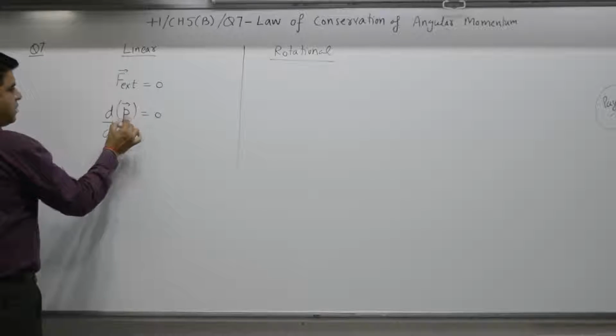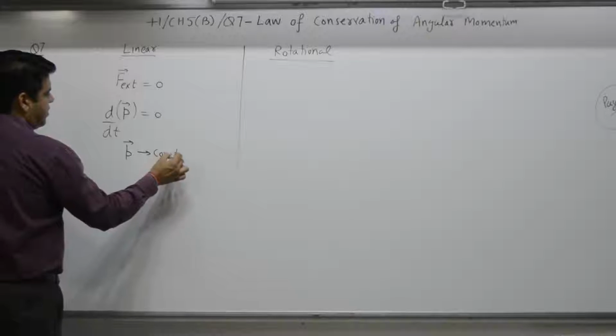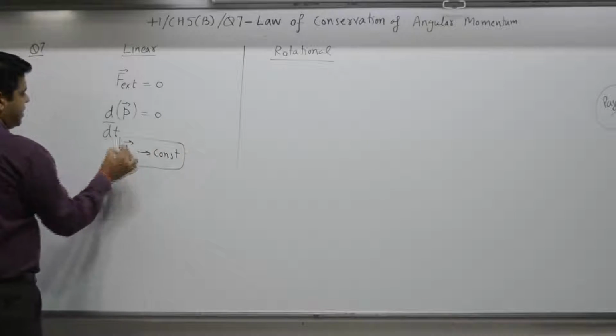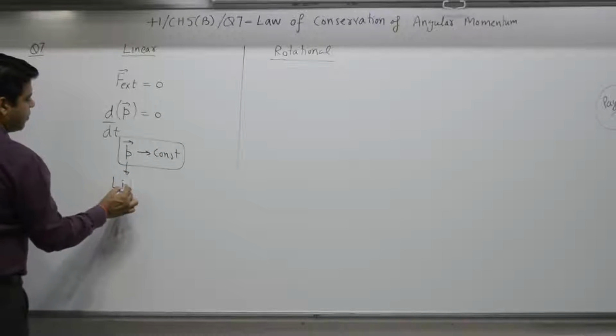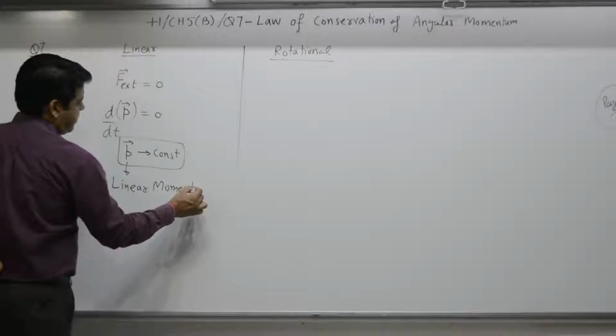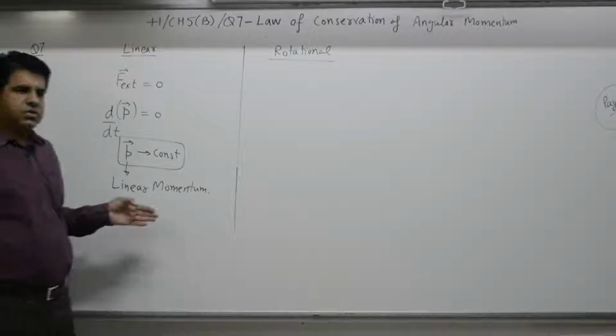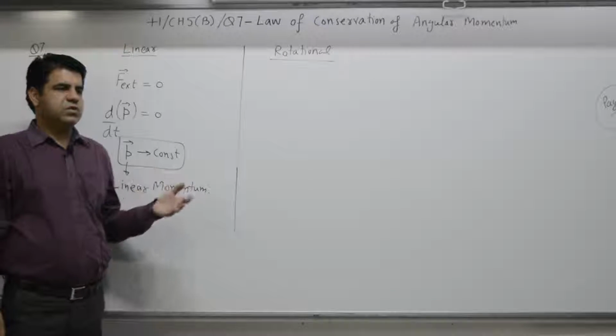Differentiation of something 0 means that thing is what? Constant. What is this? It is linear momentum. That means total momentum of the system remains constant if there is no external force.